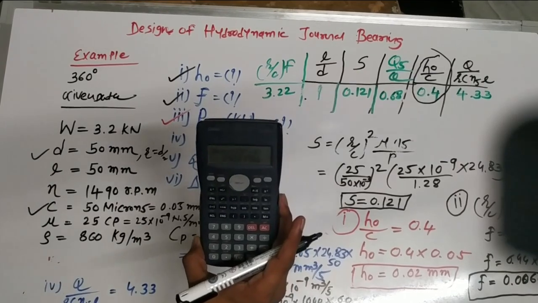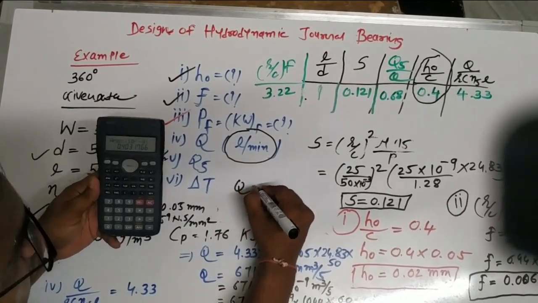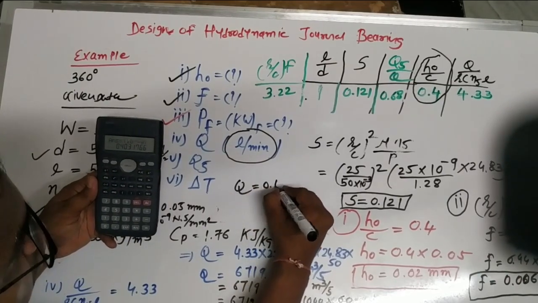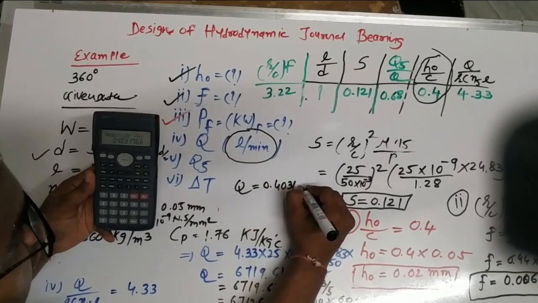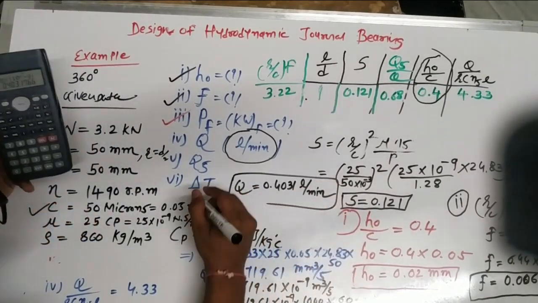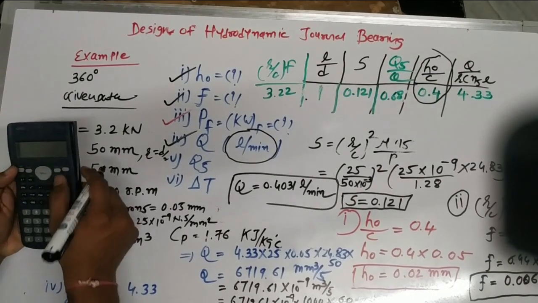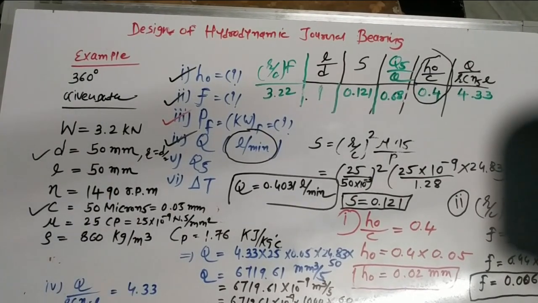That is basically in liter per minute. So the answer of Q is 0.4031 liter per minute. So that is the fourth answer that we are interested in, that is Q, in liter per minute.